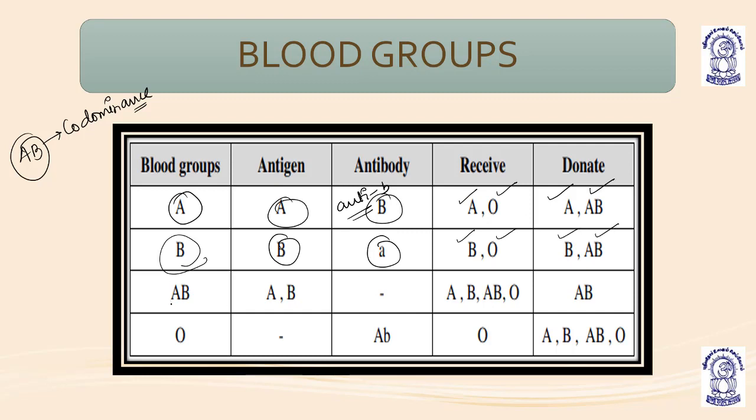Blood group AB has both antigens present and no antibodies. It can receive from all four types A, B, AB, and O and donate only to AB. Blood group O has no antigen and both antibodies. It can receive from O only but donate to all. That is why it is the universal donor. And AB is the universal recipient.